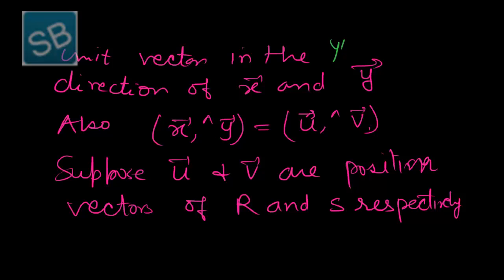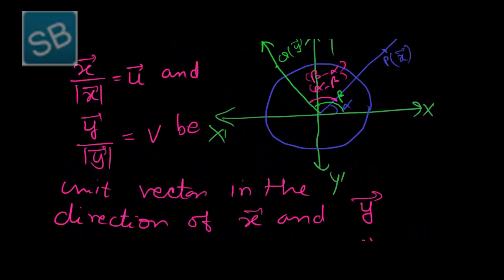So we take the points R and S on the circle. So this is R of u, as u is the unit vector of vector x, and S of v, as v is the unit vector of vector y.